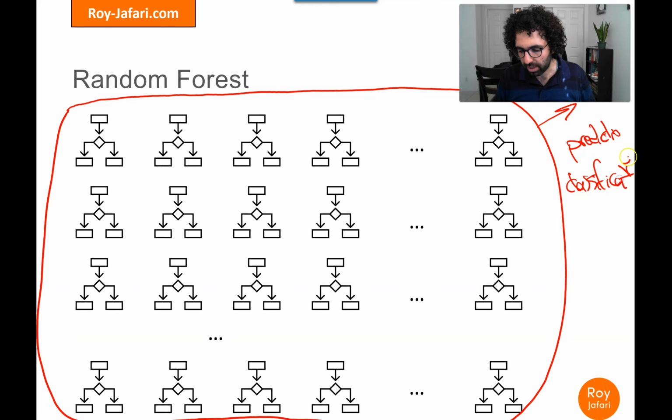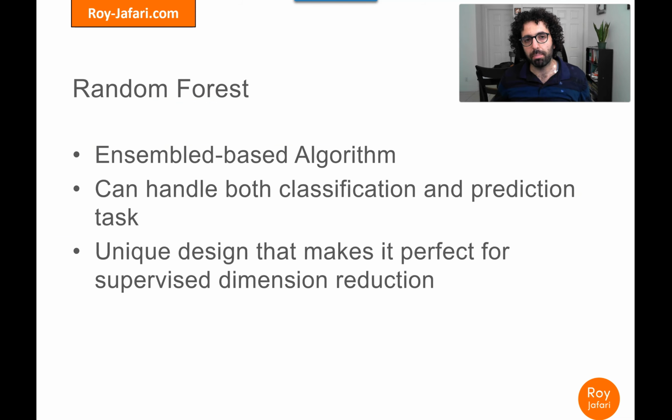So basically, it combines all the results of all those decision trees to come to a prediction or classification. So random forest is an ensemble-based algorithm. Every time you have more than one algorithm inside an algorithm and use them in a combined fashion to come to a final conclusion, that's called an ensemble algorithm. And of course, it can handle both classification and prediction as we discussed.